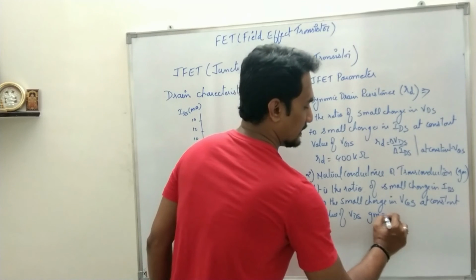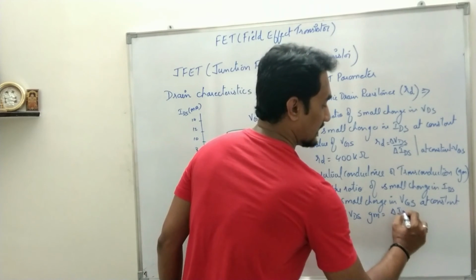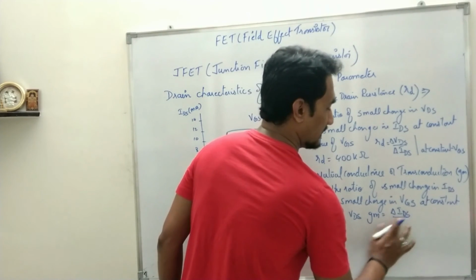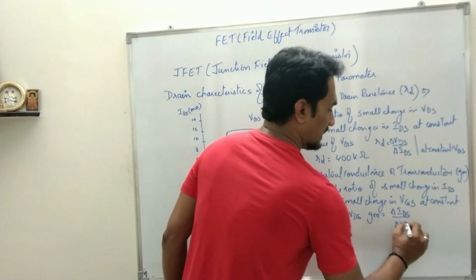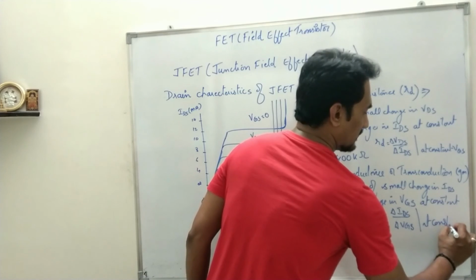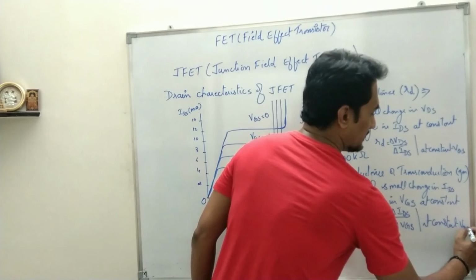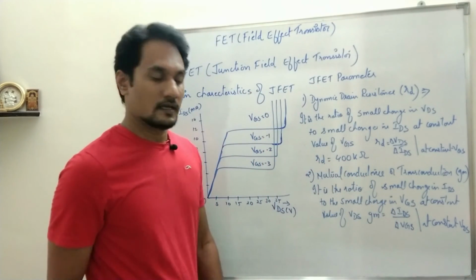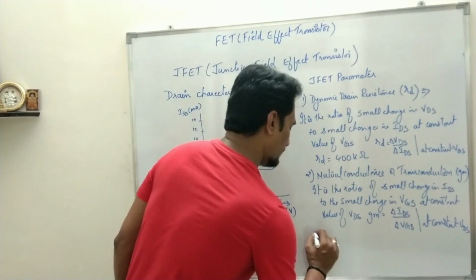So GM is specified as delta IDS upon delta VGS at constant VDS.